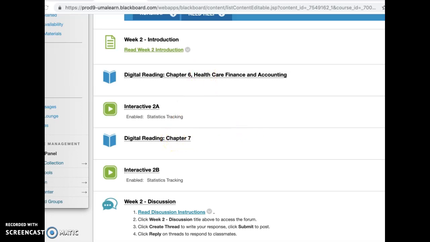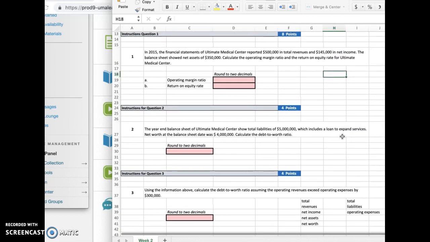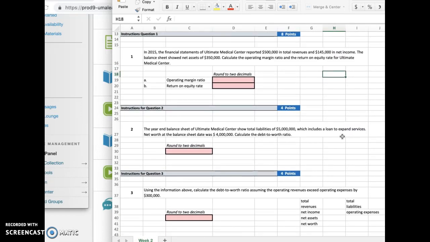If you look at the assignment, there's a couple different things you're calculating in this. You're going to be calculating the operating margin ratio, the return on equity rate, and you're also going to be going over the debt to worth ratios. So number 1 actually can be found in Chapter 7.